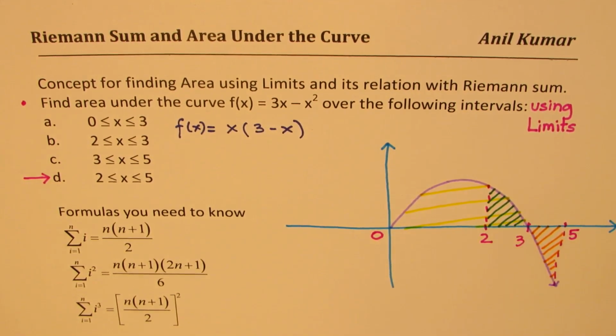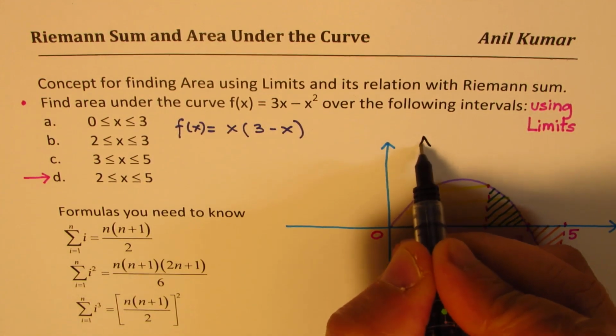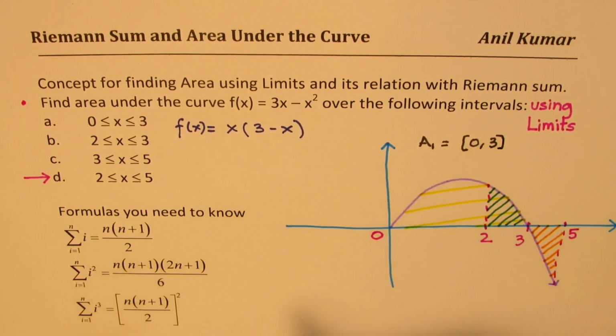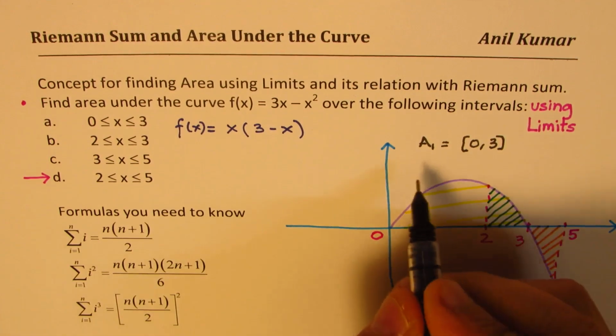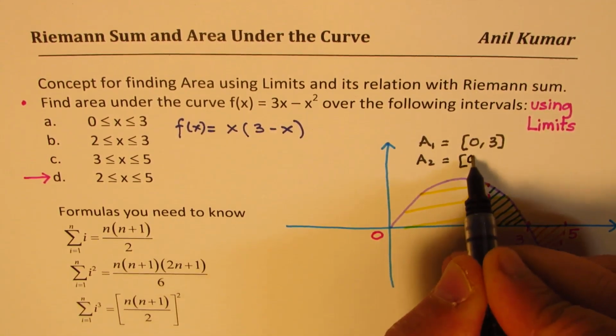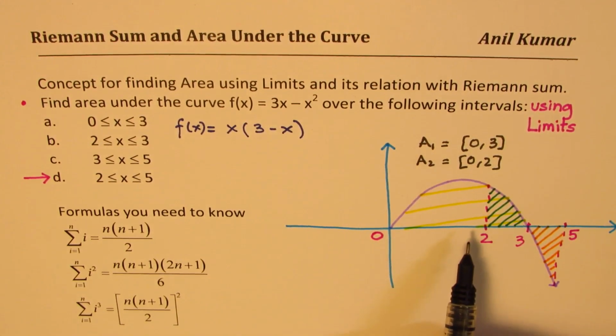0 to 3, right? So what we'll do here is that first we'll find area, we'll say A1, which will be in the interval 0 to 3. And then we'll find A2, which will be in the interval 0 to 2. When we do all this, you will actually understand the process, correct?